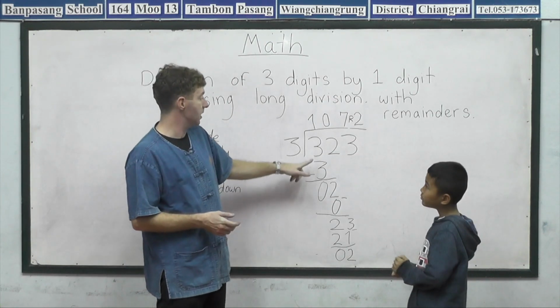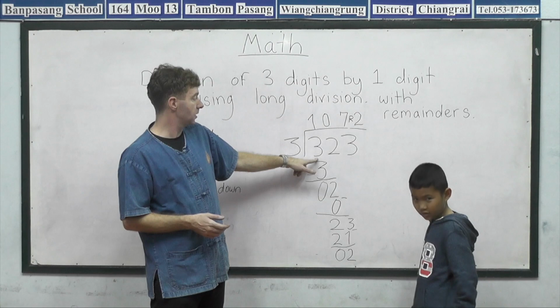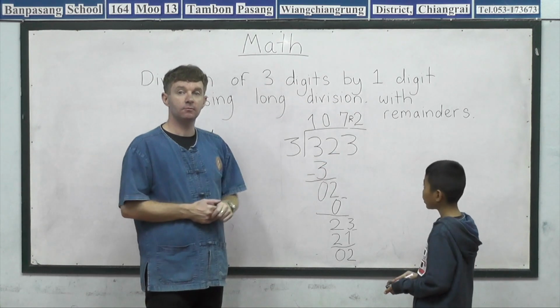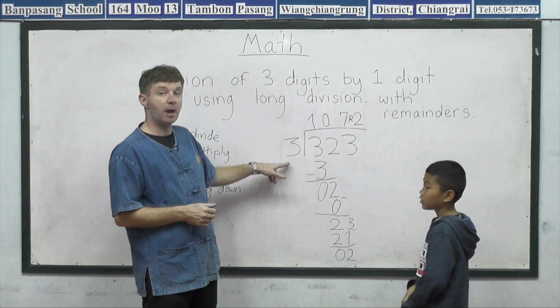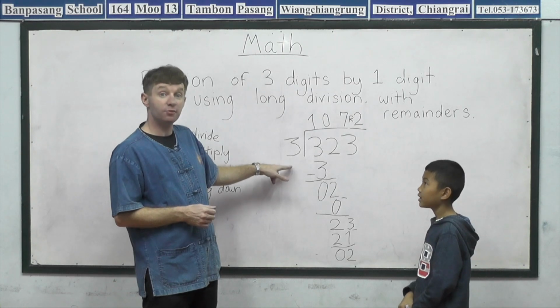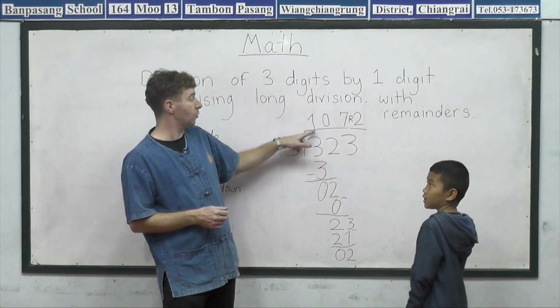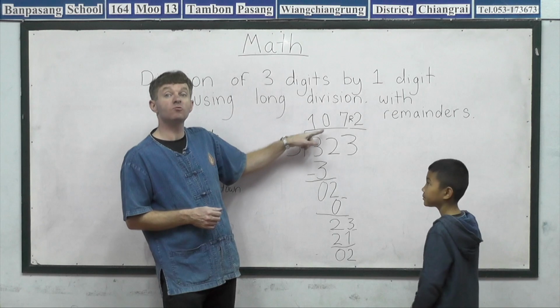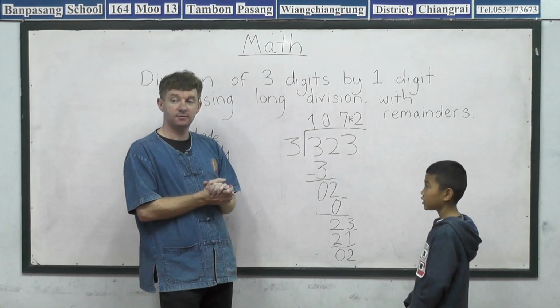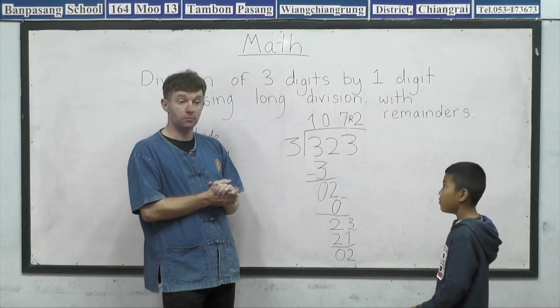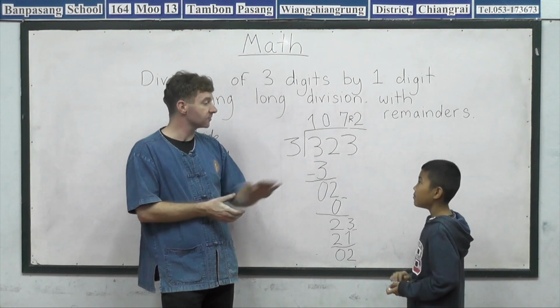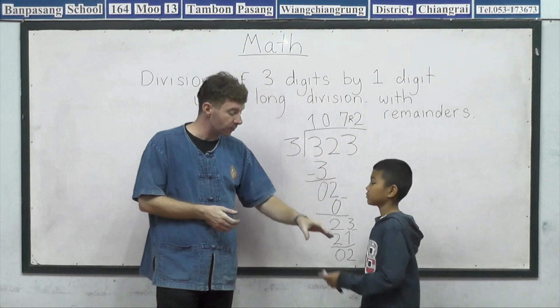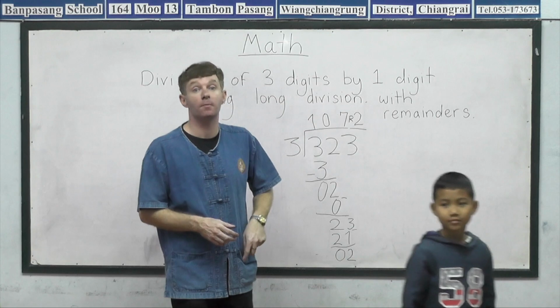So we can say 323 divided by 3 equals 107 remainder 2. Excellent. Bangpon, high five. Big round of applause for Bangpon, doing a great job.